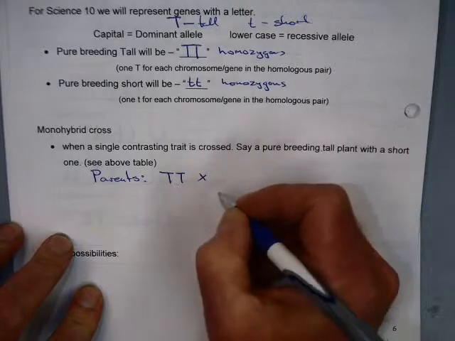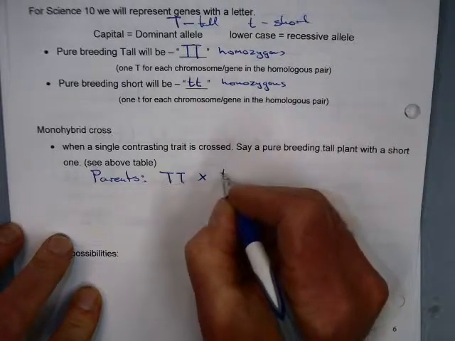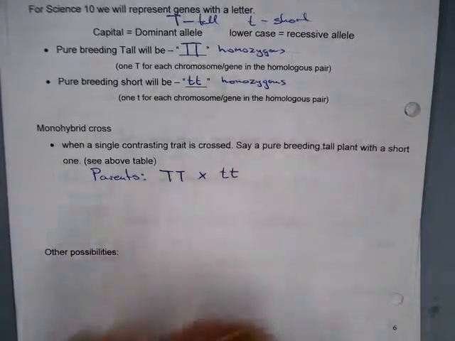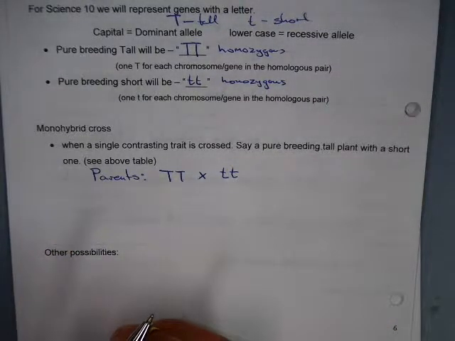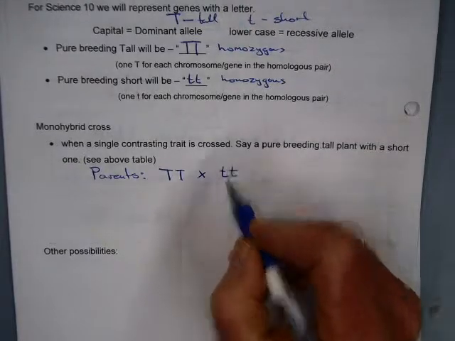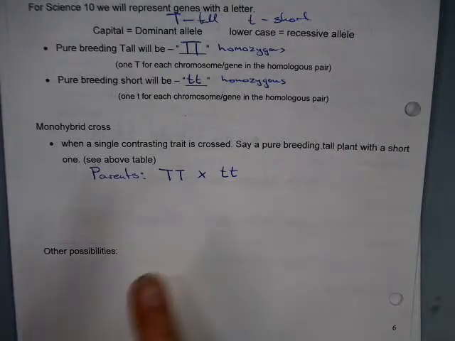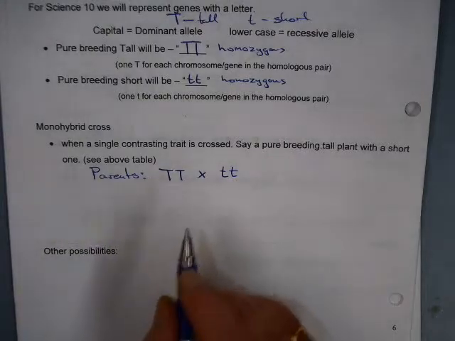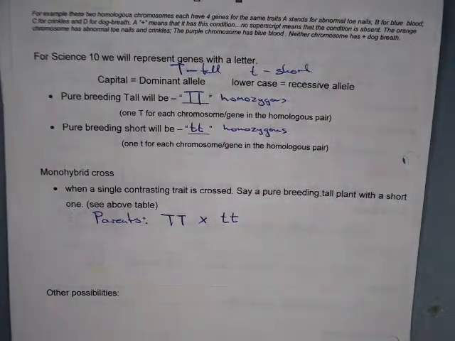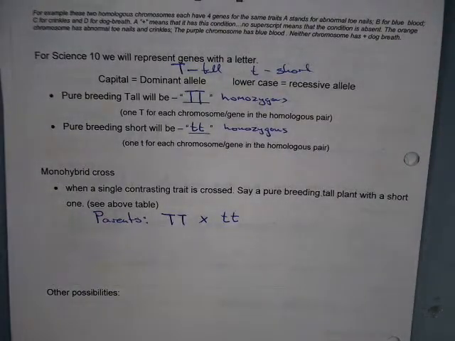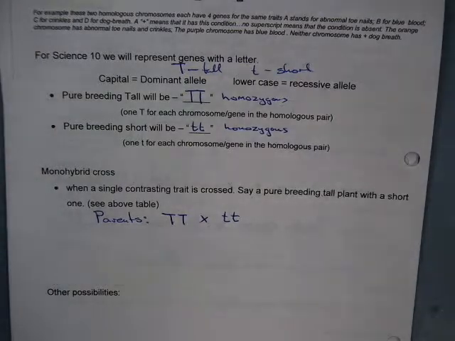For that to occur, it has to be that and nothing else. Because if there was a capital T, it'd be tall. The question is, if you cross these two, what are the individuals going to look like? So this is how you do it. Because every person has two chromosomes and you have alleles for different traits on both, you have to write down the possible alleles.